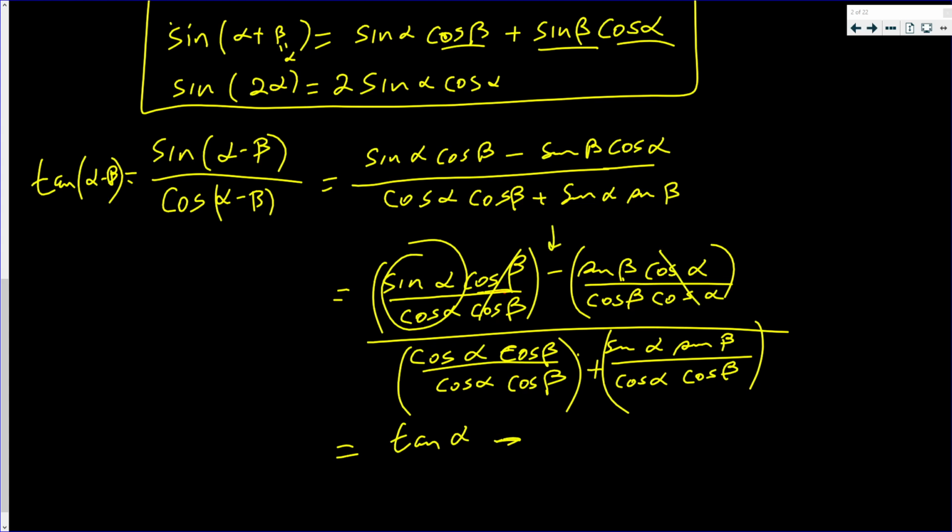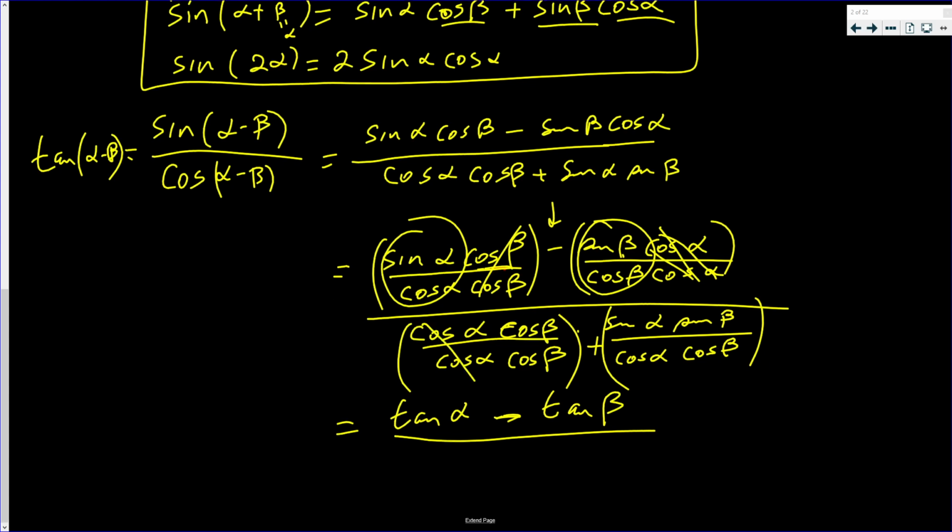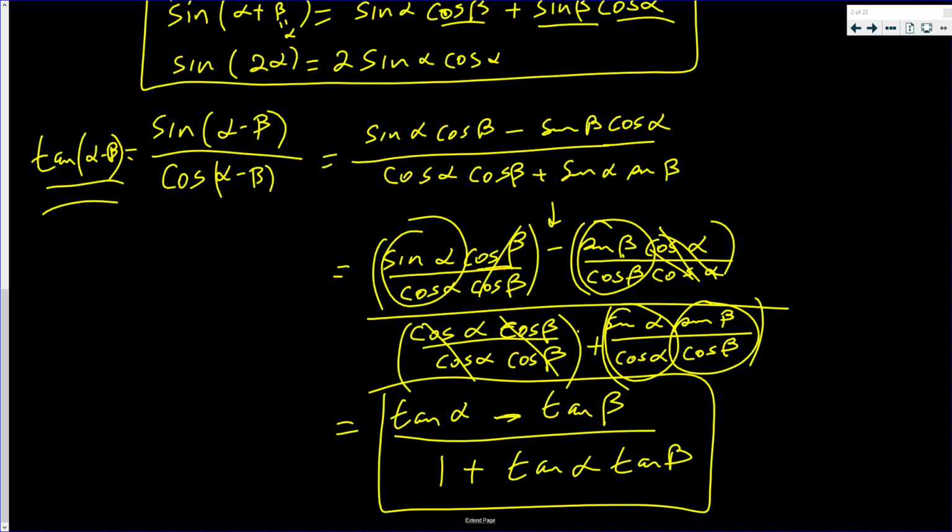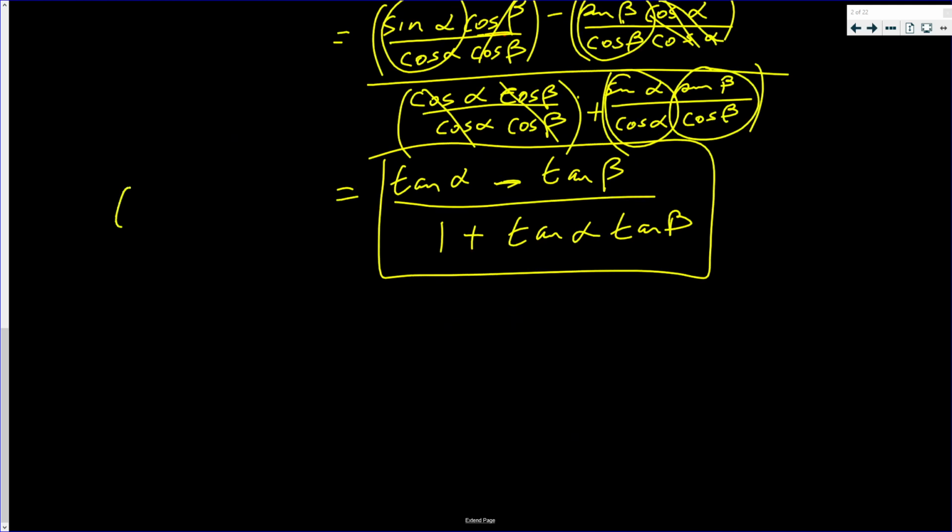The cosine alphas cancel out, and you're left with that, which is tangent beta over, this cancels out to 1, that cancels out to 1, you get 1, plus that there, which is tangent alpha, times that there, which is tangent beta. So now we have a nice formula for tangent of alpha minus beta.